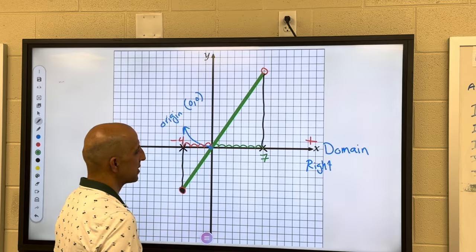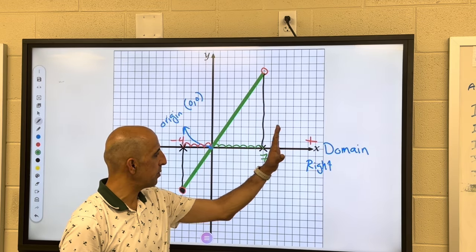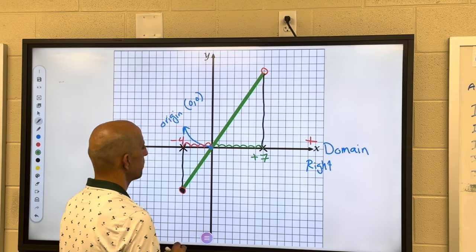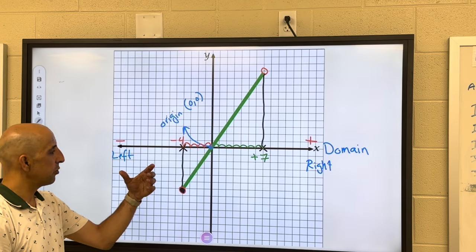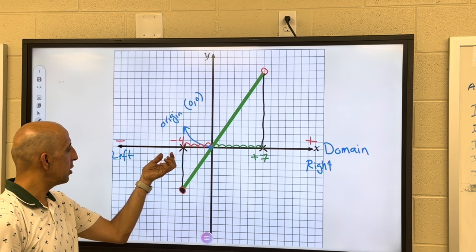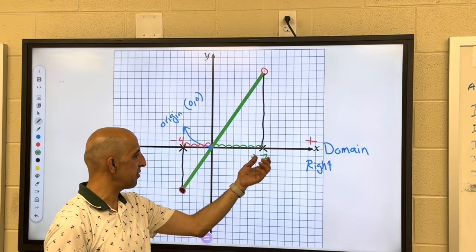So I end up with 7. Because I am moving in the positive direction, the point here is 7. So now the domain is exactly from the point -4 on the x-axis to the point +7.